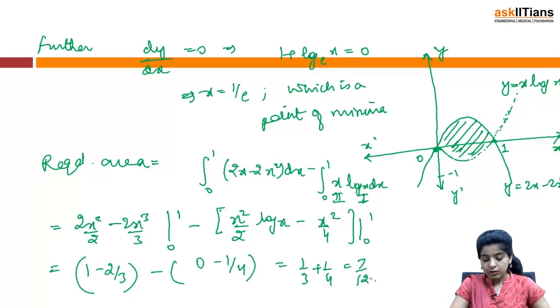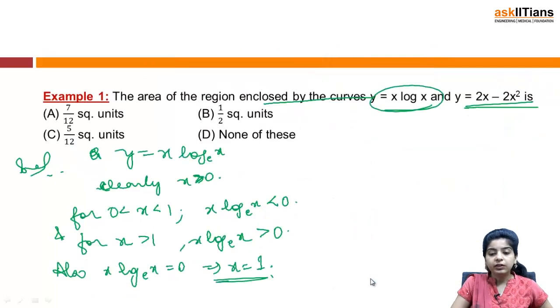12. So let's discuss what we have done in this question. The area enclosed by the curve y equal to x log x and 2x minus 2x square, you were required to compute this. So basically, first of all, we saw that x has to be positive, and for x lying between 0 and 1, this x log x is negative, less than 0.